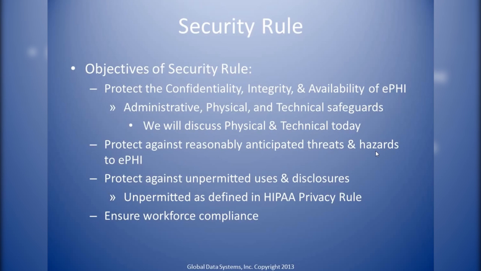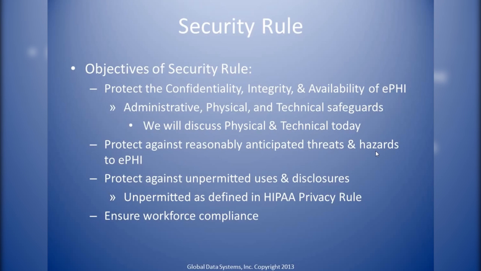So that's what the security rule is all about, and the objectives of the security rule are: as practices, we need to protect the confidentiality, integrity, and availability of the information in those systems, specifically the individually identifiable patient records, what we're calling EPHI, as you can see here. They want us to do that using 3 categories of controls or safeguards: administrative, physical, and technical.